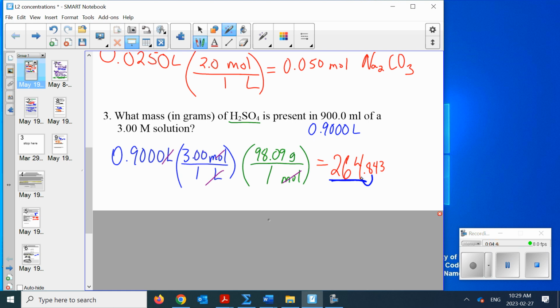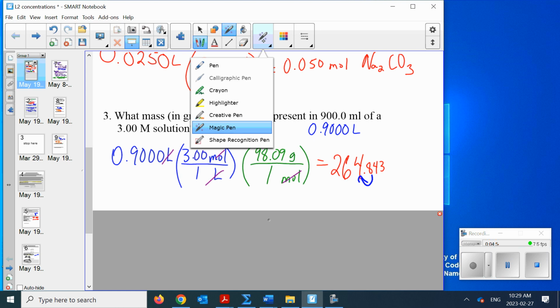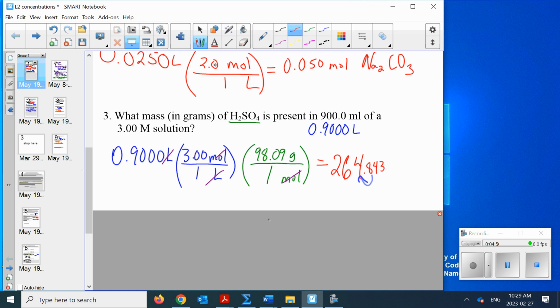This decimal 8 tells me to round that up, right? This is just right now, go with that rule. So I'm going to erase that answer like I said, and write down my 265 grams, and then I write down my chemical, H2SO4.